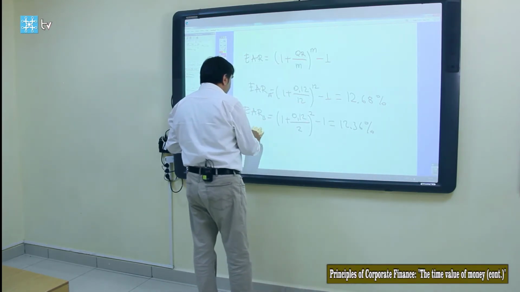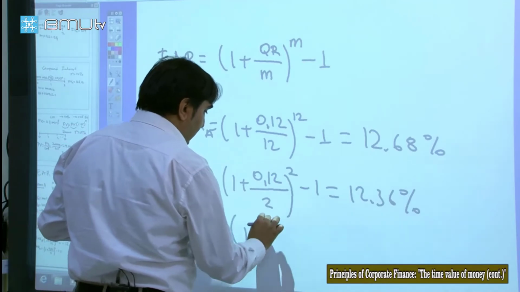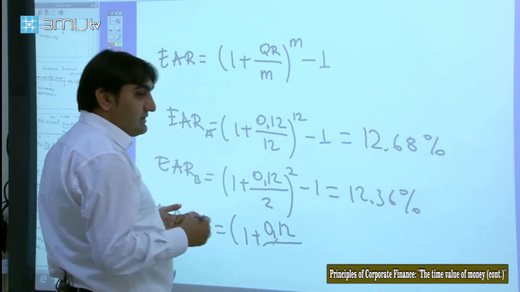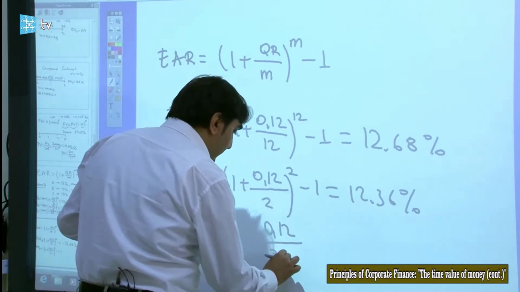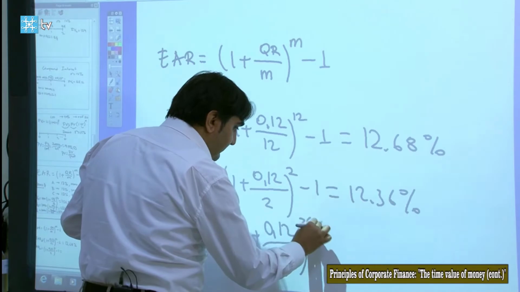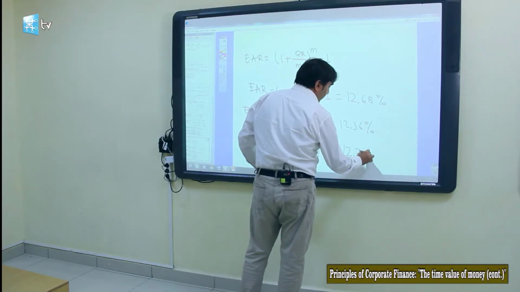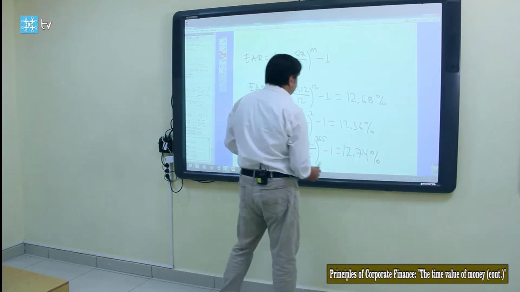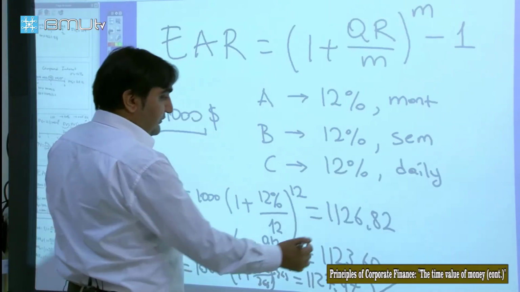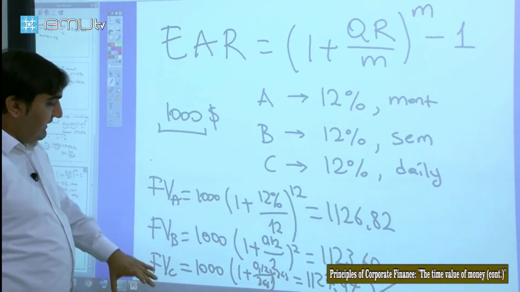And effective annual rate for option C is 1 plus rate divided by number of periods in a year, 365, to the power of 365 minus 1, 12.74%. So this is the rate part, and this is the future value part of this investment.